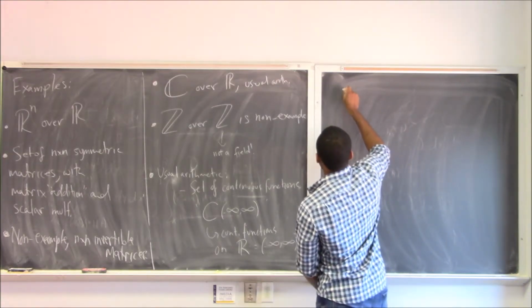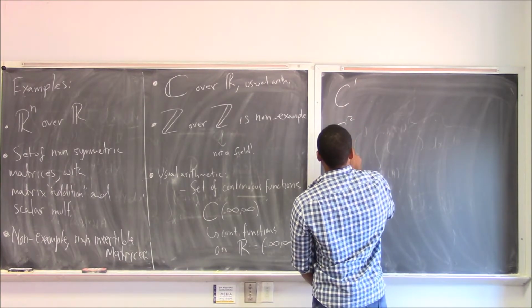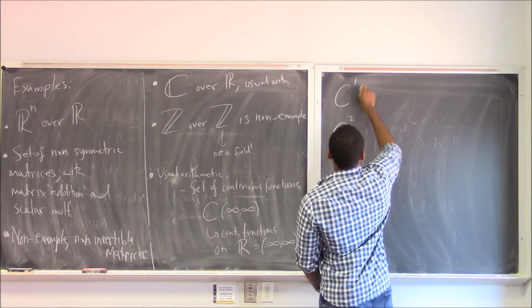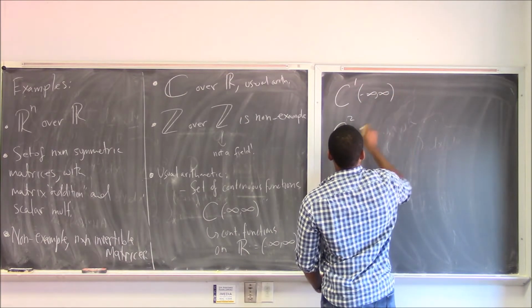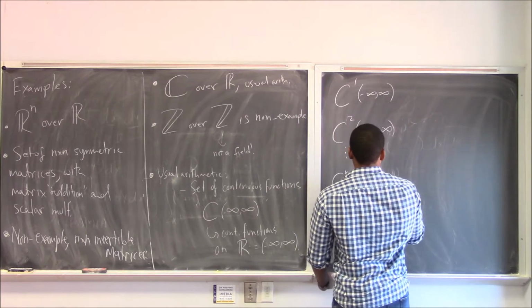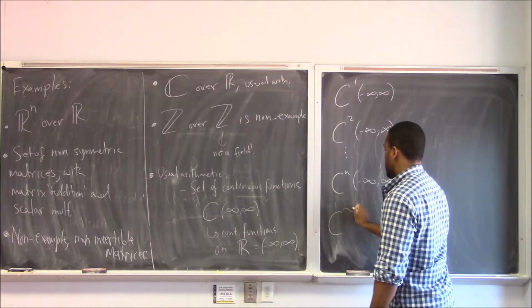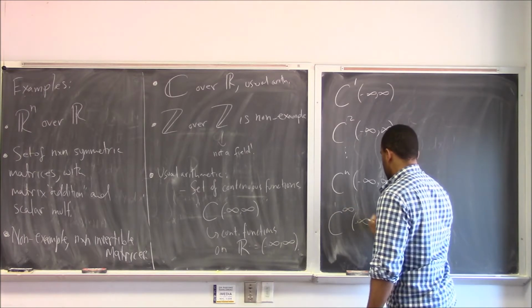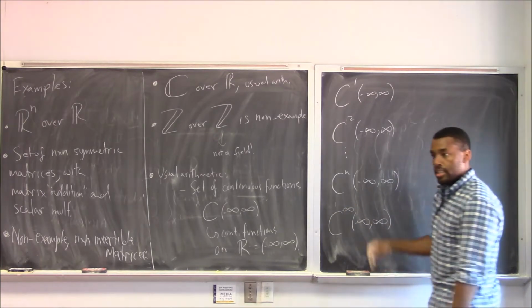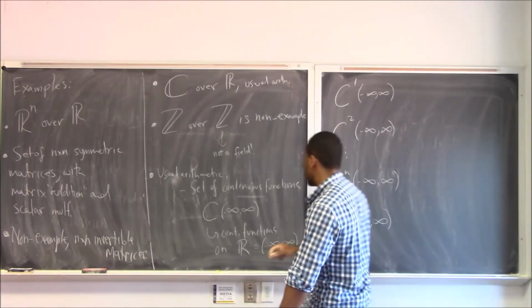You can have things like C1, C2, Cn on minus infinity to infinity. There is even C infinity, from minus infinity to infinity. These are elements you'll play around with a lot more when you get to advanced calculus and real analysis and things like that.